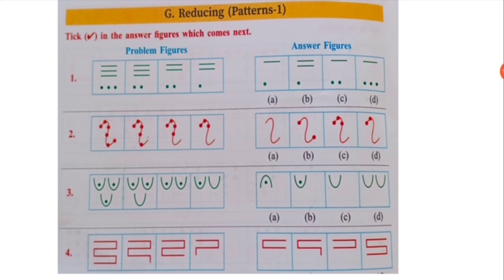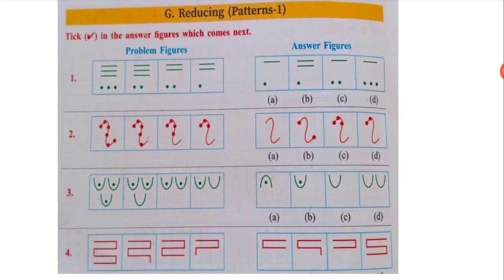Next will be, yes, B. Yes, B is the correct answer, because we have to reduce one thing. So in the fourth picture we can see 1 dot is not there, so we have to reduce one half circle or U shape. That is why we will get B as the correct answer.